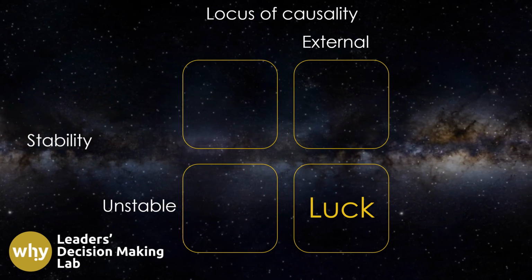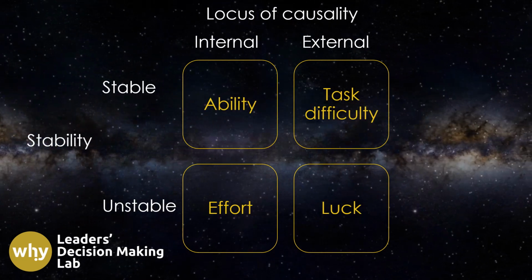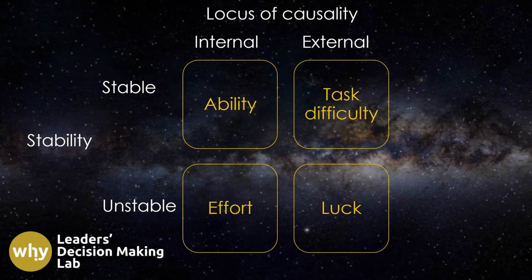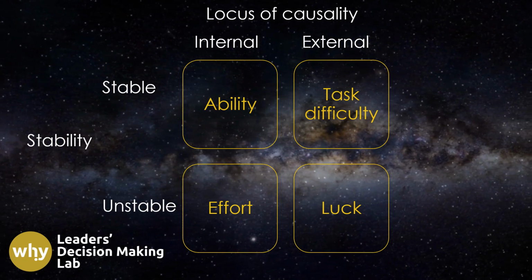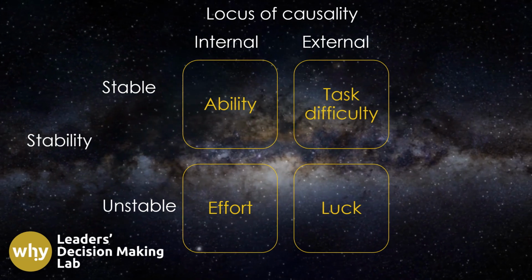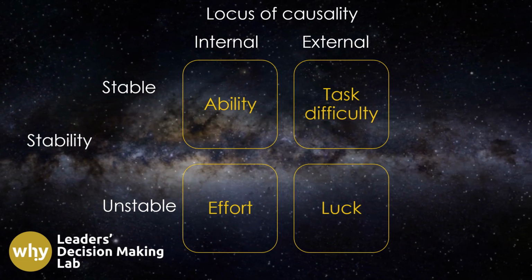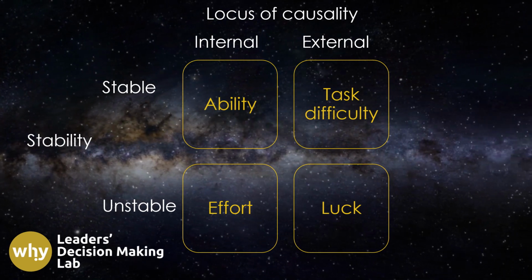The attribution model of leadership suggests that leaders' attributions for employee performance play a significant role in shaping their expectations for future performance and their subsequent behaviors toward the employee.